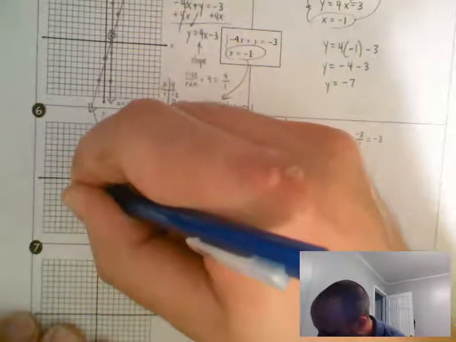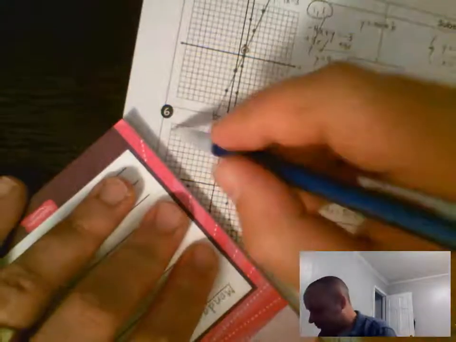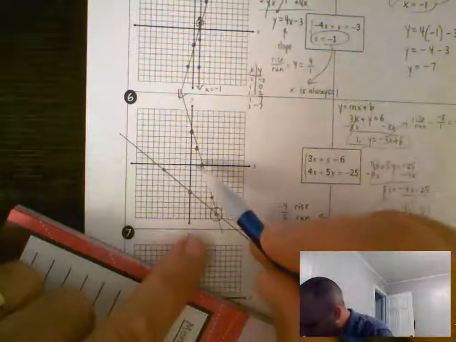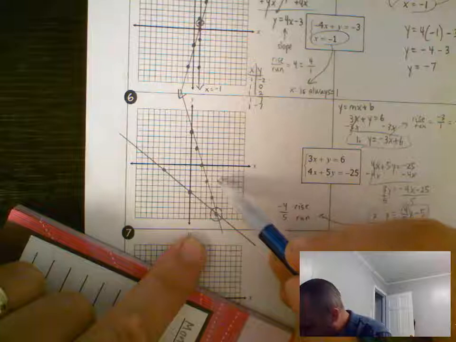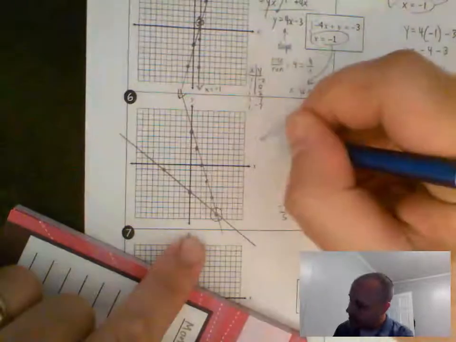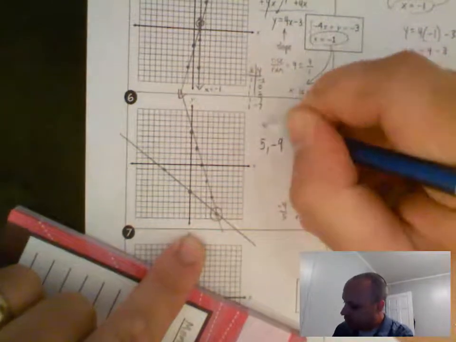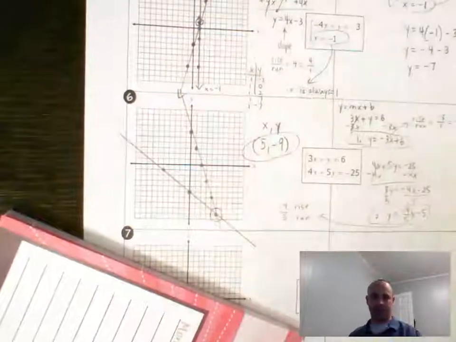Should go in the reverse direction at the same ratio. So now when these two lines meet, our answer for this one is 1, 2, 3, 4, 5, and negative 1, 2, 3, 4, 5, 6, 7, 8, 9. So it's 5, negative 9 is our answer here on this side.